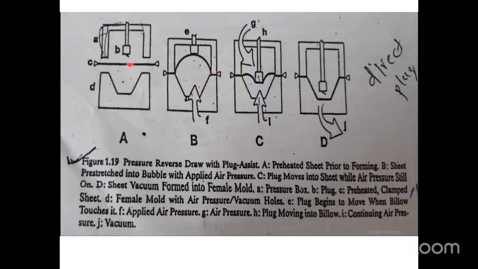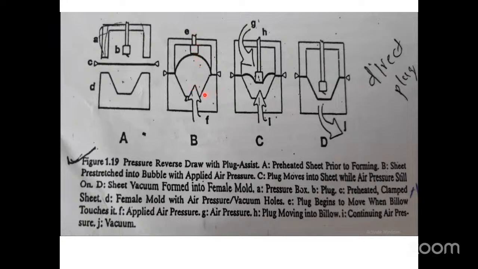First you have to heat the sheet. After that, you have to close this bag from the top. Then afterward, again you have to pass compressed air here till that balloon touches this plug, and it will go up to the plug.